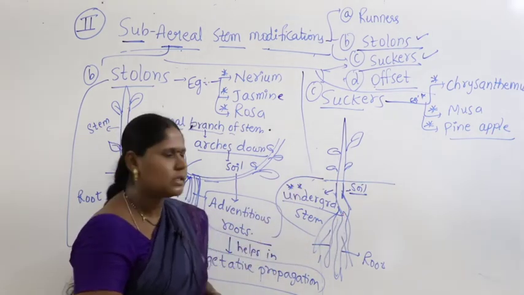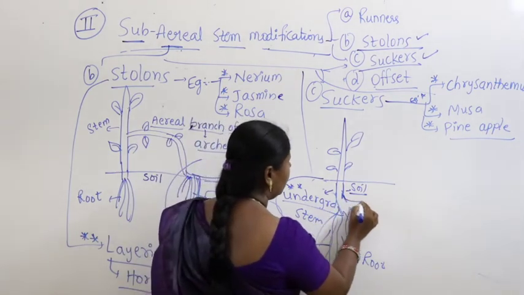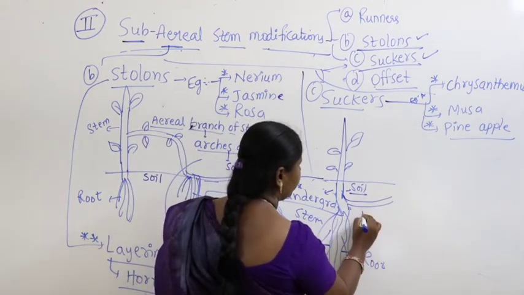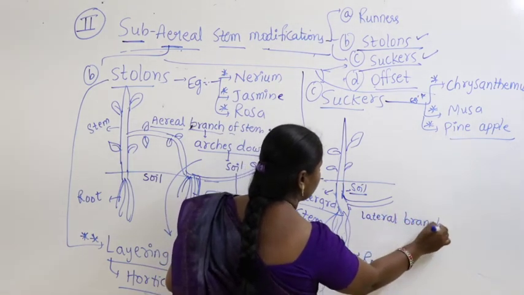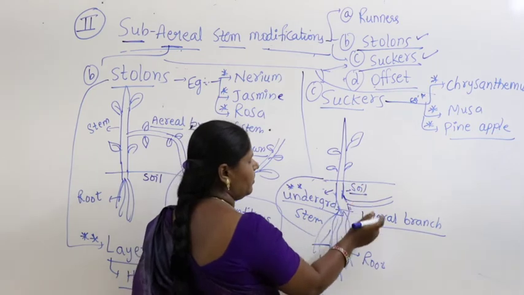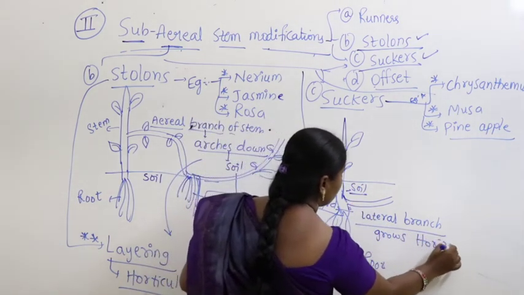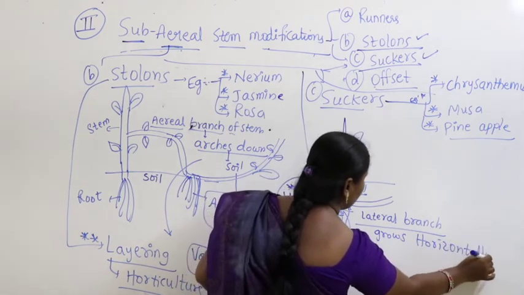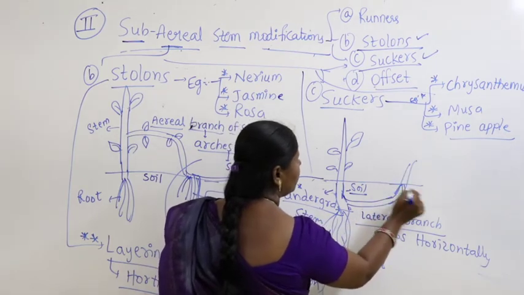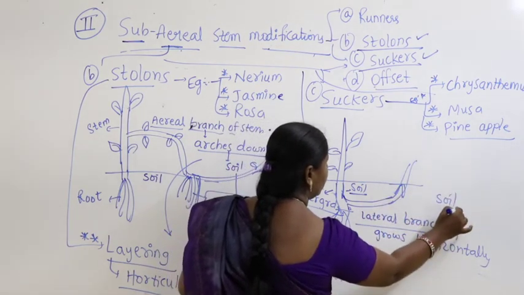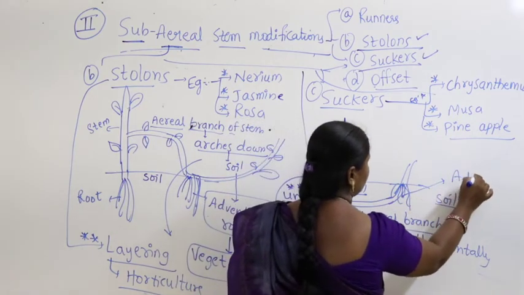Now what happens in this case? In this underground stem you can see a lateral branch of the underground stem. So what you can write is: a lateral branch of the underground stem grows horizontally, touches the soil, comes in contact with the soil and forms what are called adventitious roots.